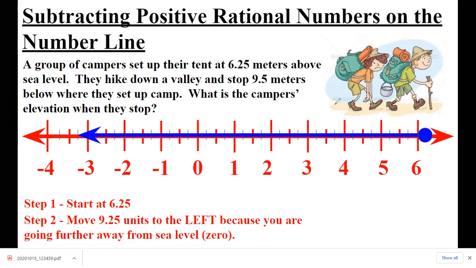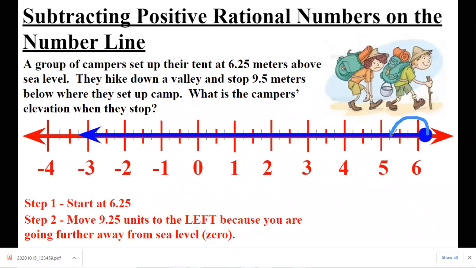So how many jumps was that? Here's 6.25. I'm going to have to go a full 9. So there's 1 whole jump, 2 whole jumps, 3 whole jumps, 4, 5, 6, 7, 8.